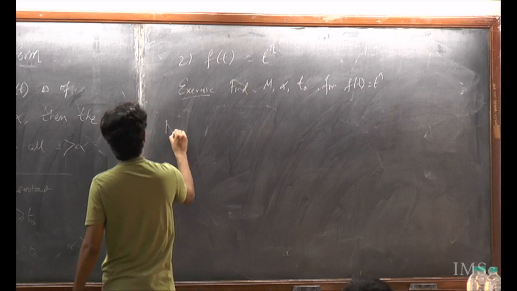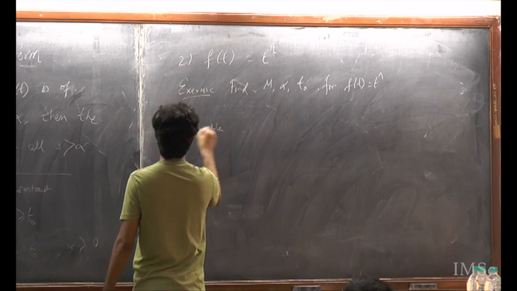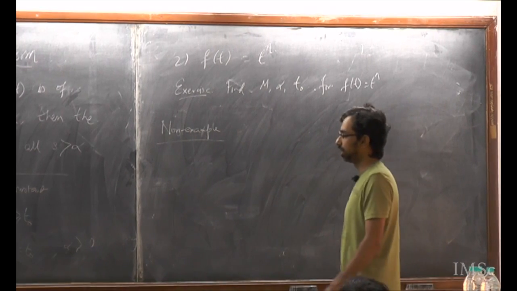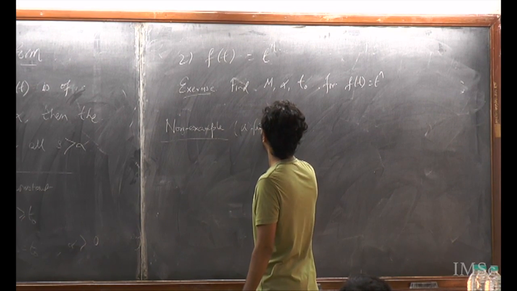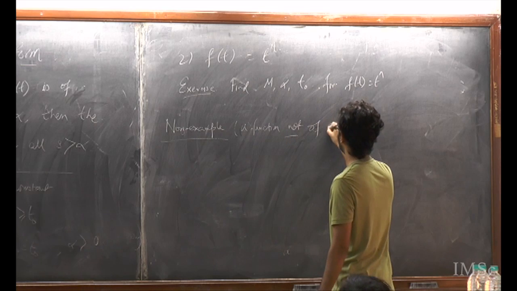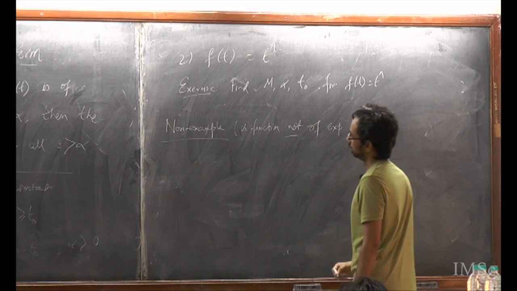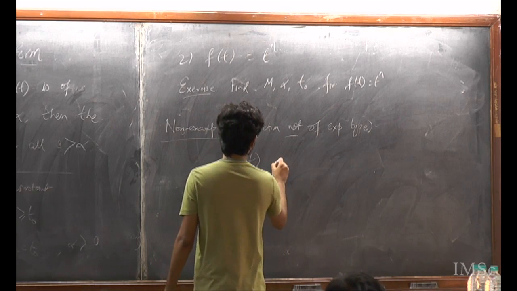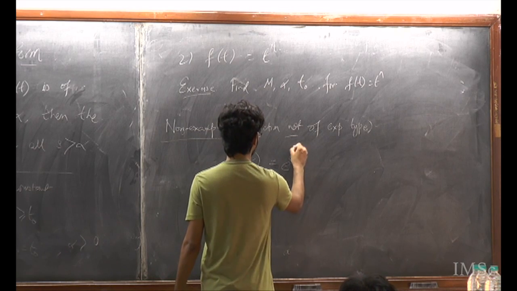As a non-example, meaning a function not of exponential type, you can take f(t) to be exponential of exponential t.